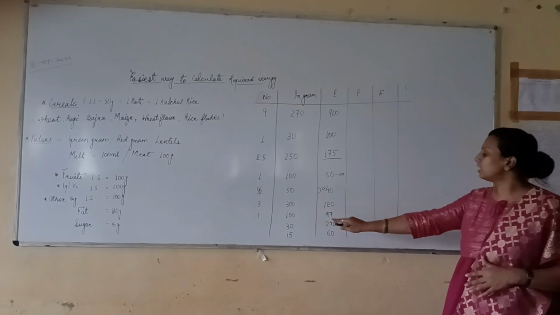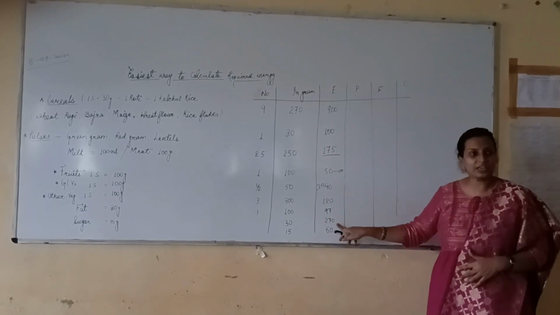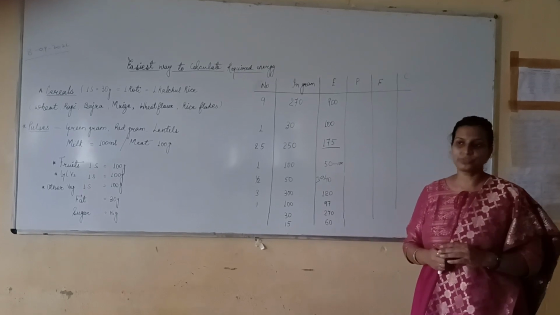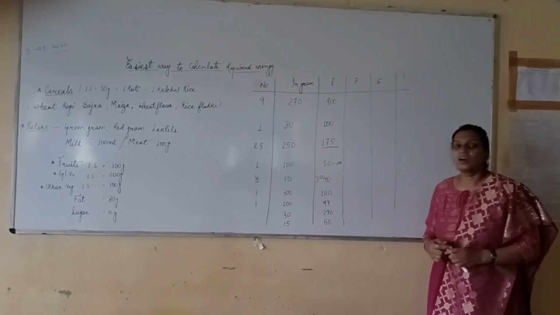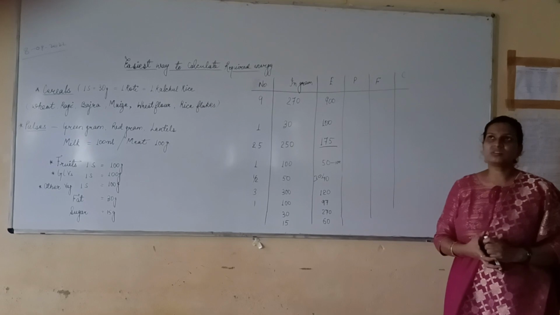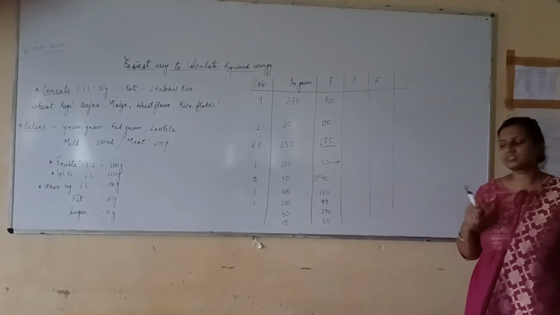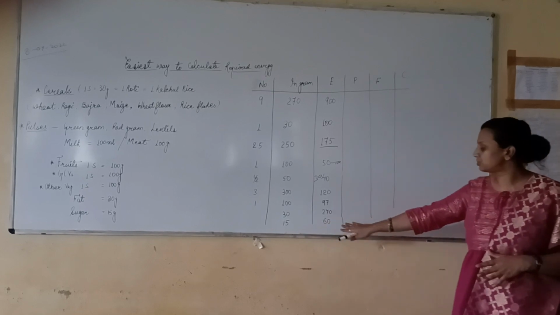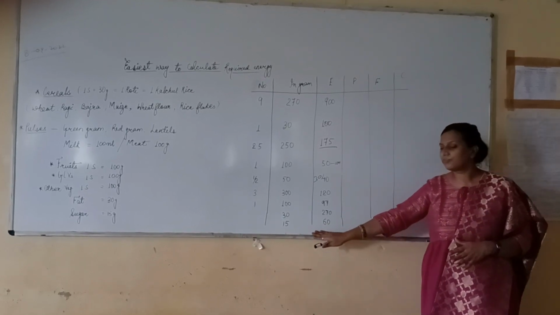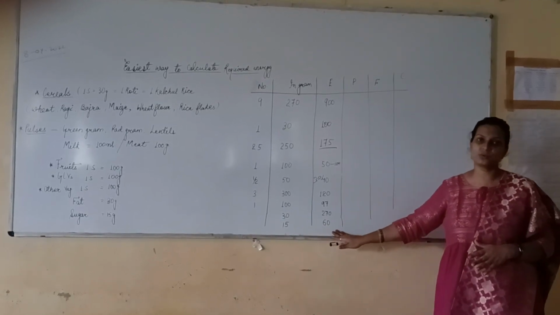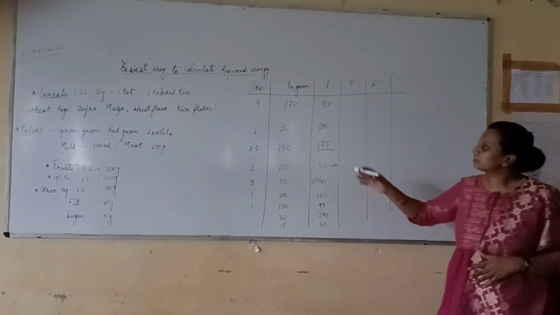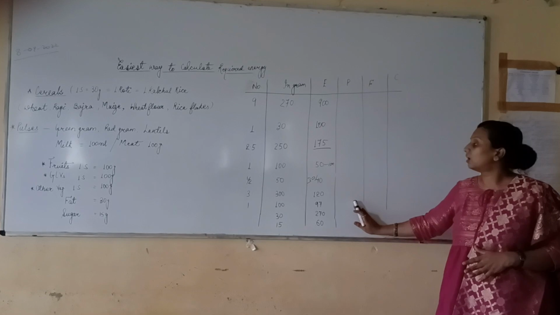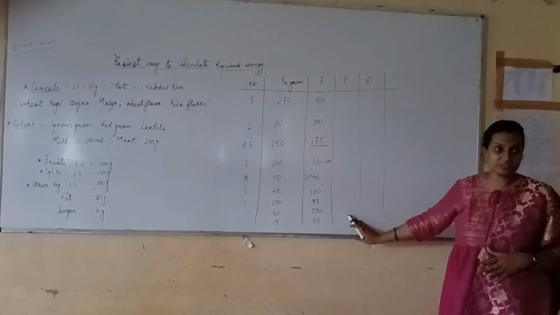So 30 into 9 becomes 270 kilocalories. Sugar is not that essential and is not considered healthy, but suppose you are taking 3 cups of tea, then at least 15 grams of sugar you are taking, and 15 into 4 is 60 kilocalories. So this is the easiest way to calculate the energy requirement of a person.